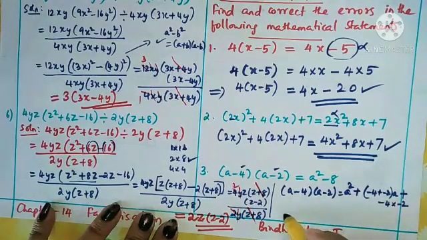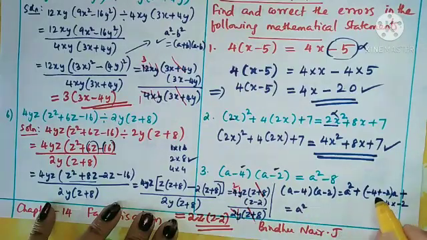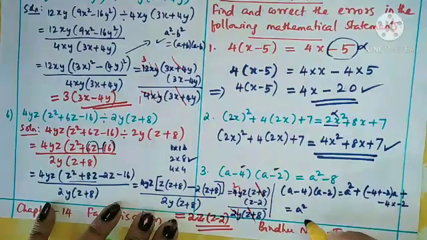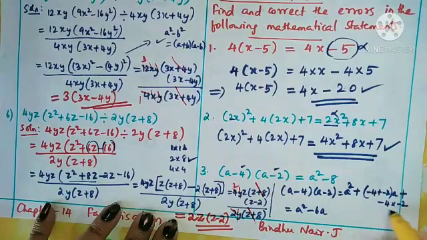Okay, so when you simplify, what do you get? a² plus −4 − 2 is −6, so −6a, and −4 into −2 is plus 8.